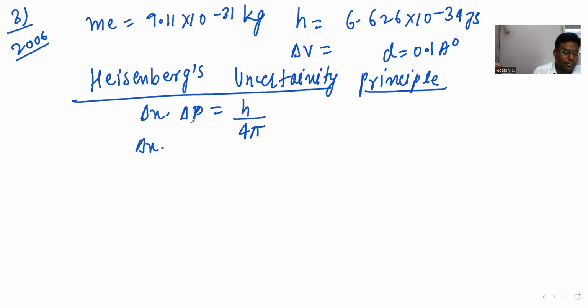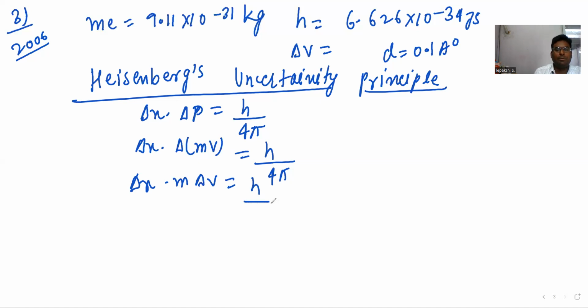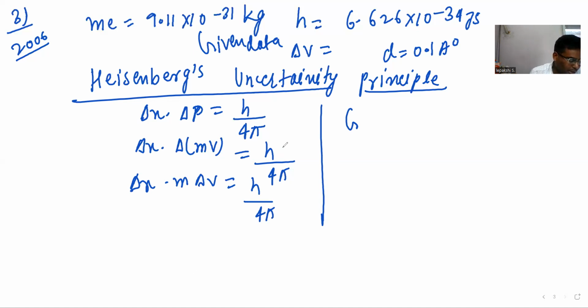Delta p is nothing but mass into change in velocity, and it is equal to h upon 4 pi. Mass is constant, so it comes outside, and m into change in velocity is equal to h upon 4 pi. I have written the given data here. Now put the values. Delta x we know, this is your delta x, so put the value.